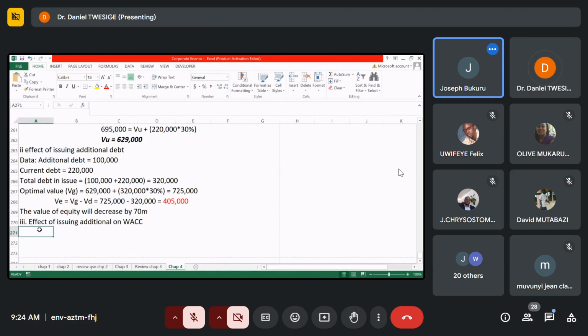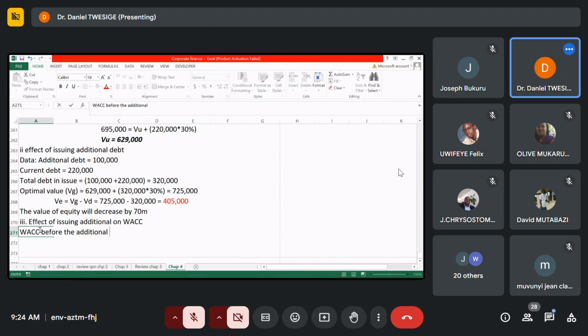Now, part 3 of the question, we are looking at the effect of issuing additional debt on WACC. What you need to do is get the WACC before additional debt. What is the WACC before issuing additional debt?